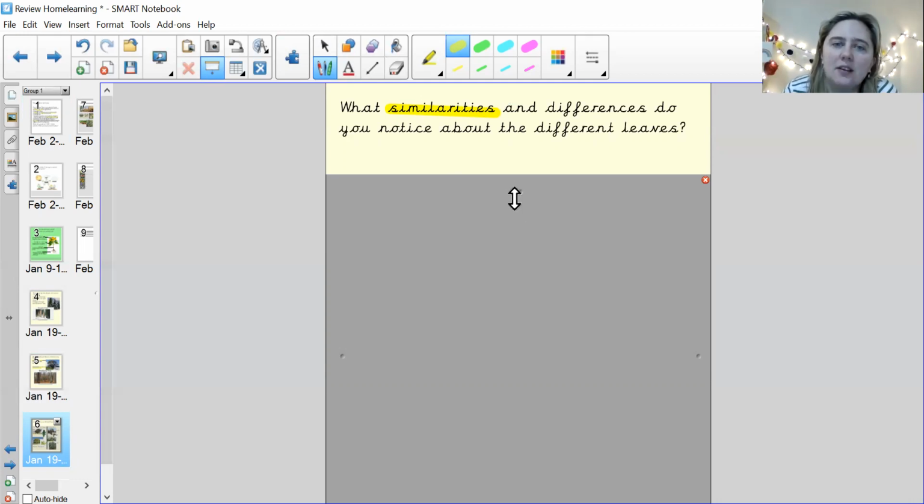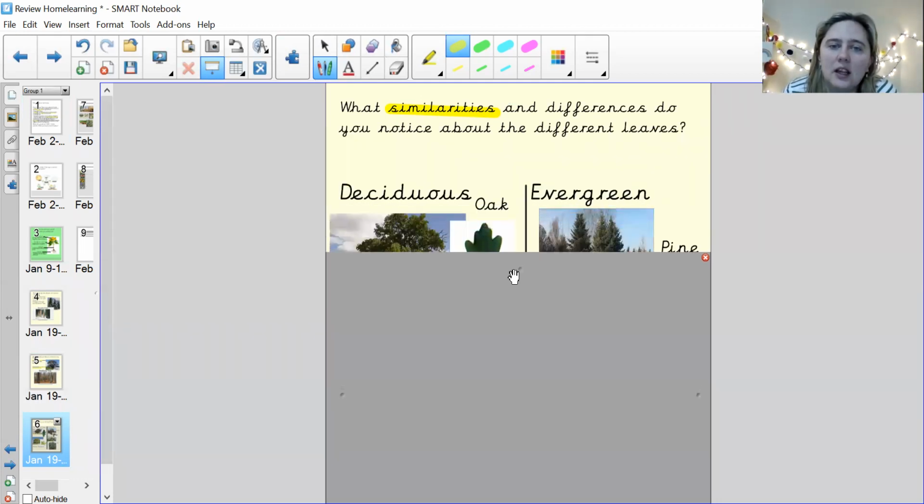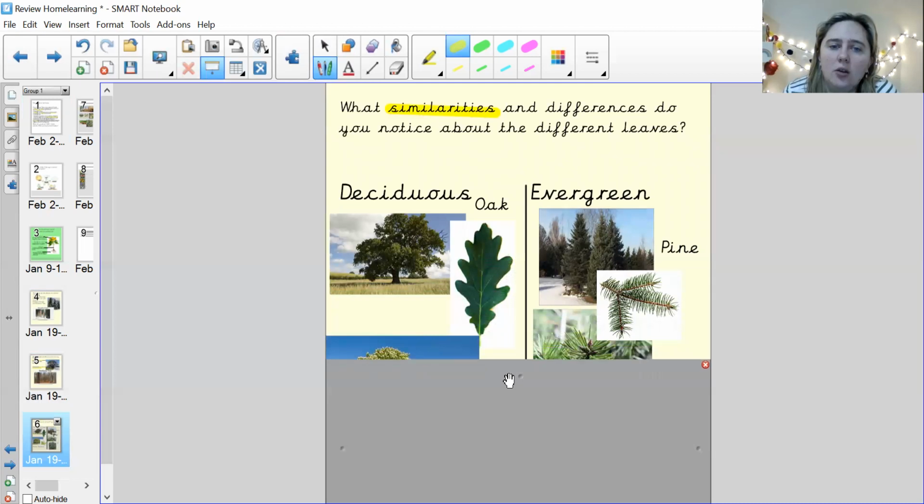But let's think about the differences. Here we have an oak tree leaf compared to a pine tree leaf. What are the differences? You are right. Deciduous trees have flat, big leaves, and evergreen trees have thin, needle-like leaves.